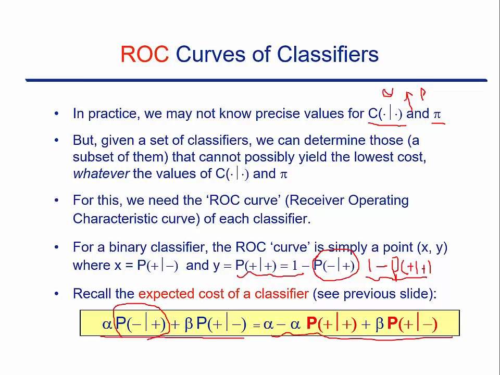But even though we do not know the precise values for alpha and beta, we can still determine a subset of the classifiers that cannot possibly yield the lowest cost, whatever the values of the costs of making misclassifications and the prior probabilities are. And this is done by doing the so-called ROC analysis.